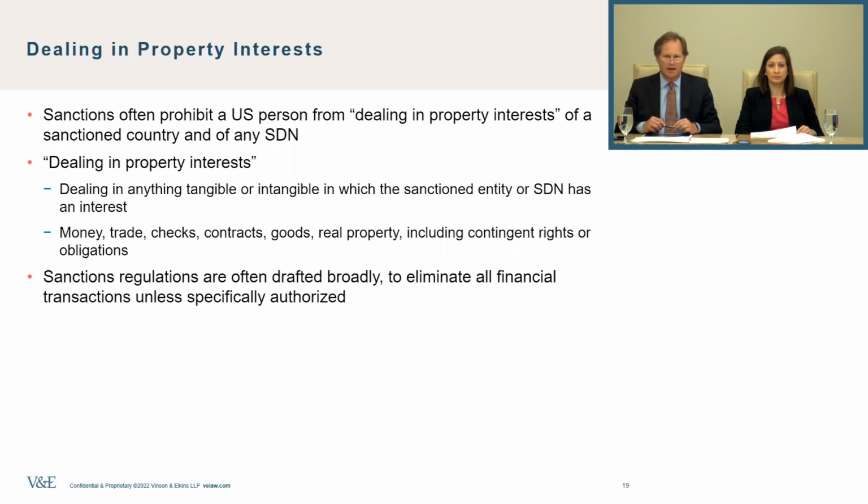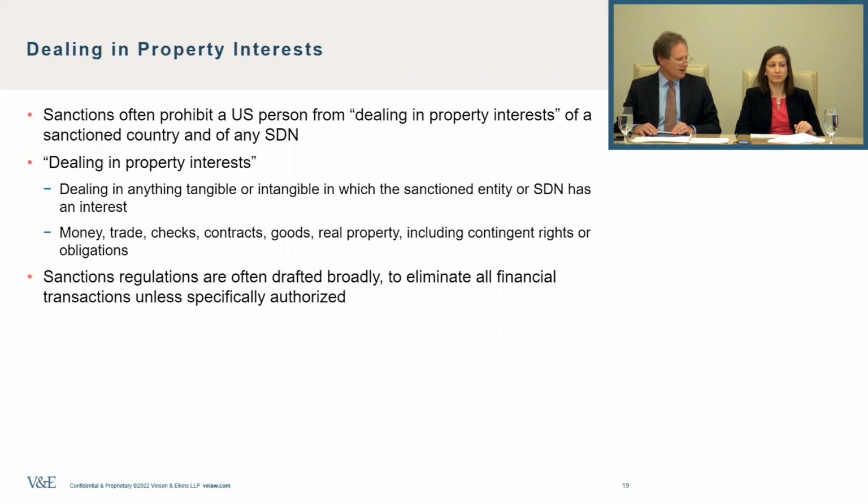The idea behind all of these sanctions is to really cut off the sanctioned party from economic activity. So if you're analyzing one of these situations, you have to think about it in that way: the sanction is not necessarily going to be narrowly construed by OFAC. What they have been attempting to do with their definitions and the concepts that they pump into these sanctions is to make them as broad as possible.